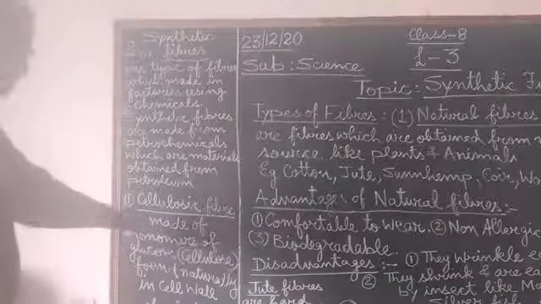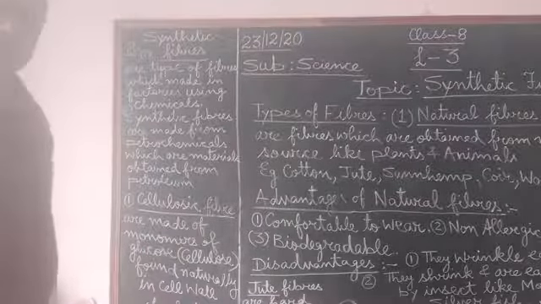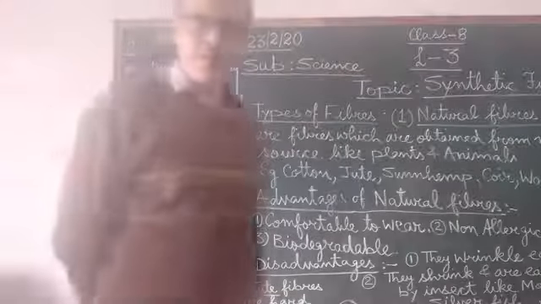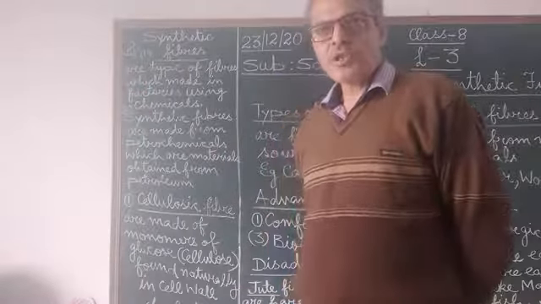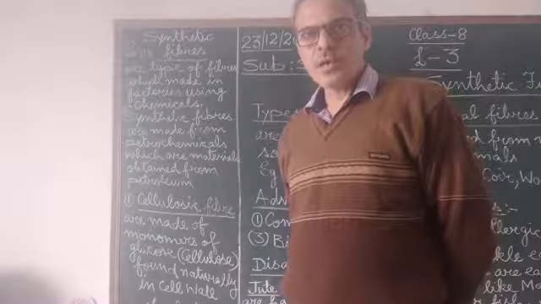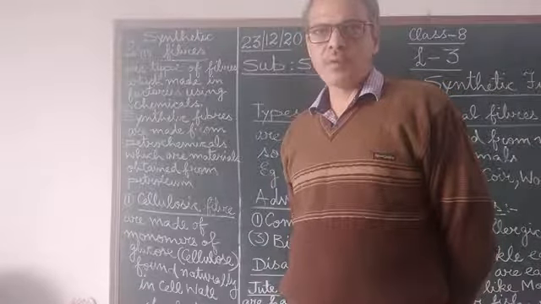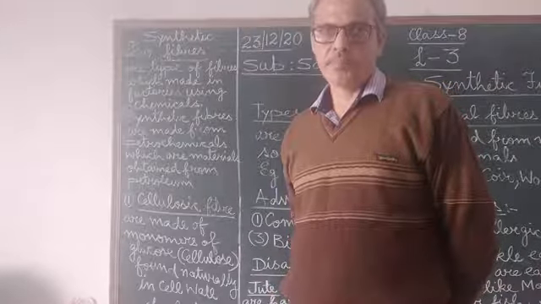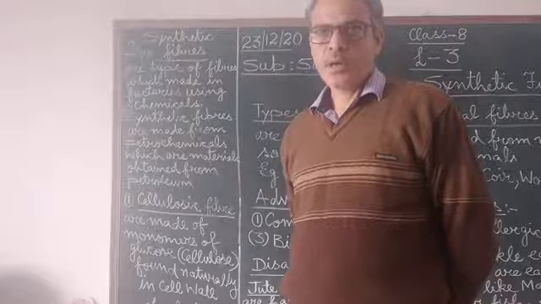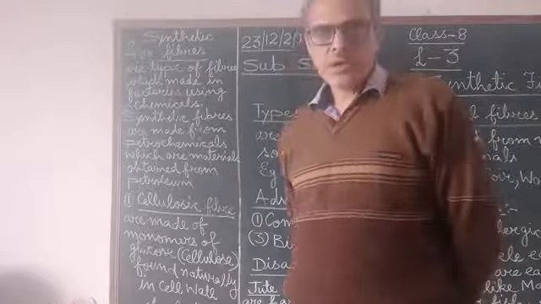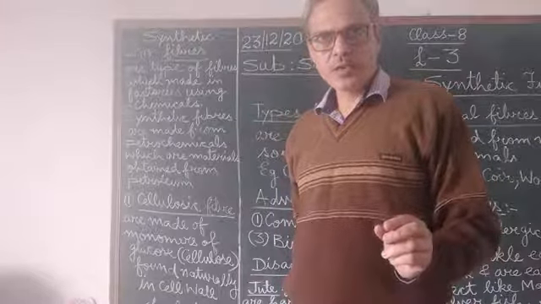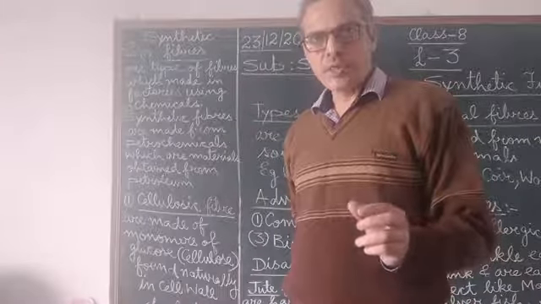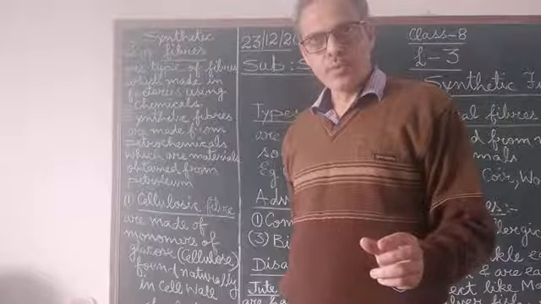Here you can see cellulosic fiber, and these cellulosic fibers are made up of one polymer which is called cellulose, and it is obtained from the cell wall of the plants. And this cellulose polymer is made up of repeating units of monomers, which are actually molecules of glucose.